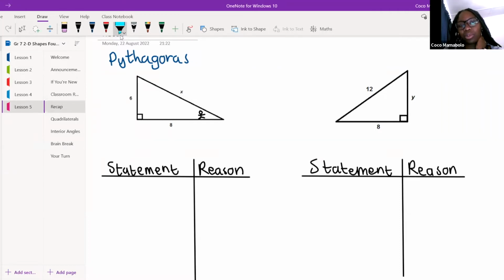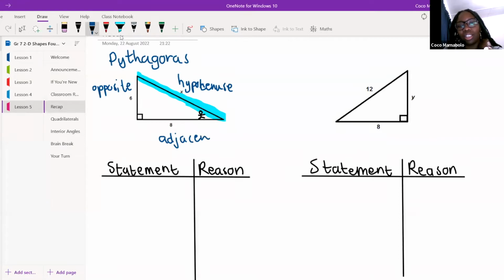What is the label of the top side? X. X, good. So this side over here with X is my hypotenuse side. Excellent. And which side is my opposite side? 6. 6, good. This is my opposite side. And my adjacent side to my little man is? 8. 8, good. This is my adjacent side.